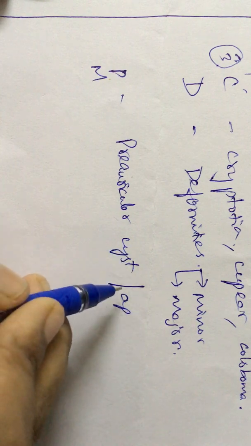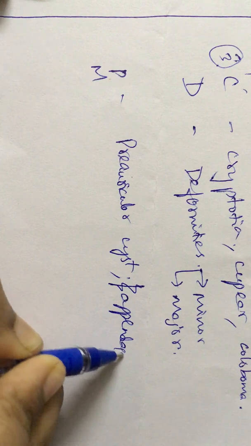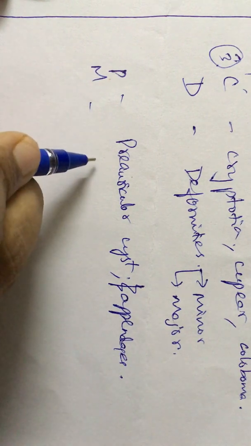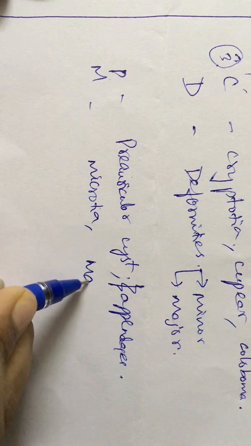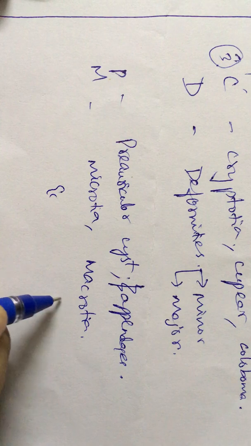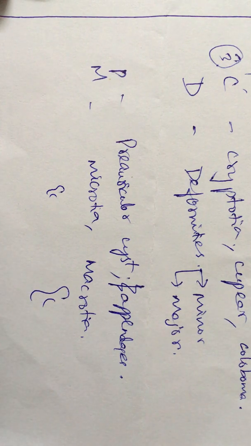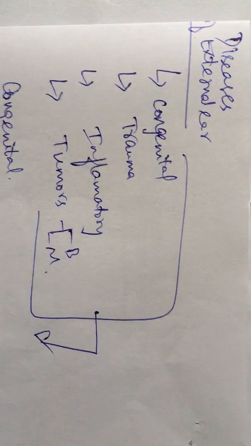Well, cyst is one, and preauricular appendages is the second one. And M stands for, very simple, microtia and macrotia, which is basically a tiny ear or a big ear. So, with this main background, we will know the next few things. So let's see each and every congenital disorder in detail.